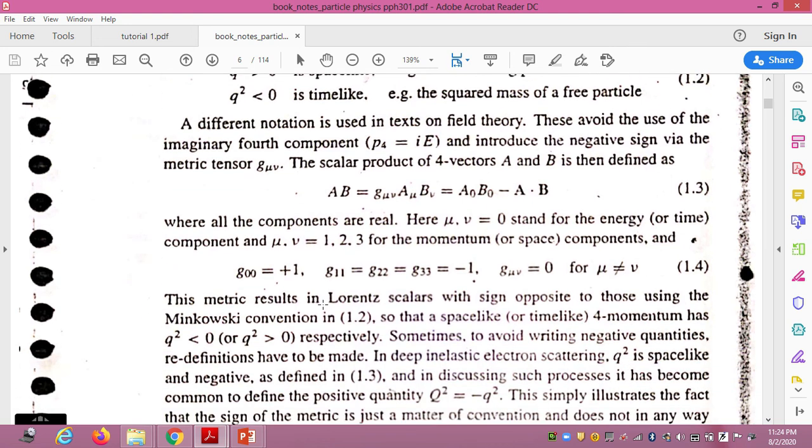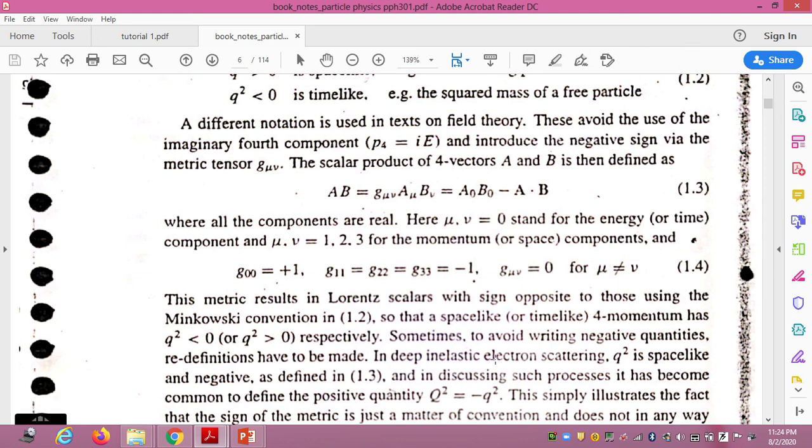So this metric results in a Lorentz scalar with sign opposite to what we just used for Minkowski space. And so the space-like or time-like condition for momentum is q square less than 0 or q square greater than 0 respectively. The same things have changed in the different notation.